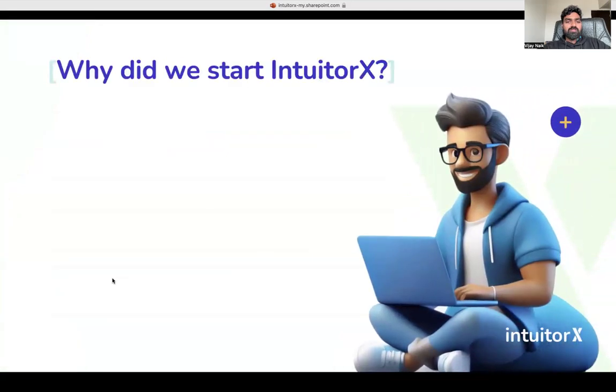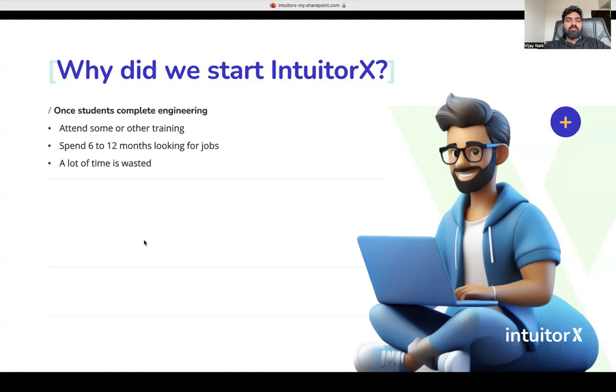Now let's look at why we wanted to start IntuitorX, because there are a lot of training academies already out there. One thing we have seen is, if students don't get placement during their campus placements, they will have to come to a city like Bangalore and go for some kind of training at one of these training institutes, and learn the necessary skills.